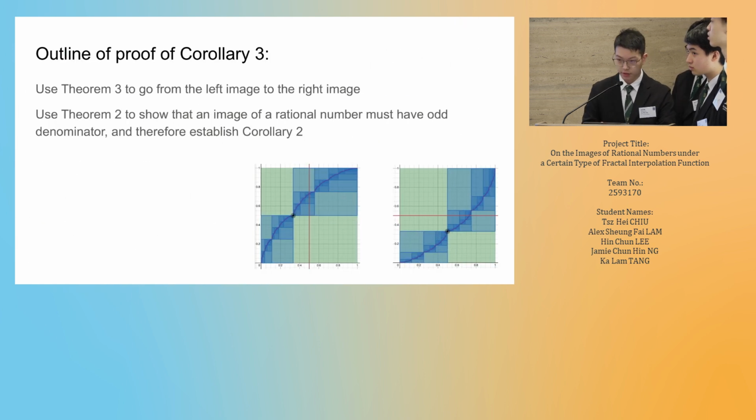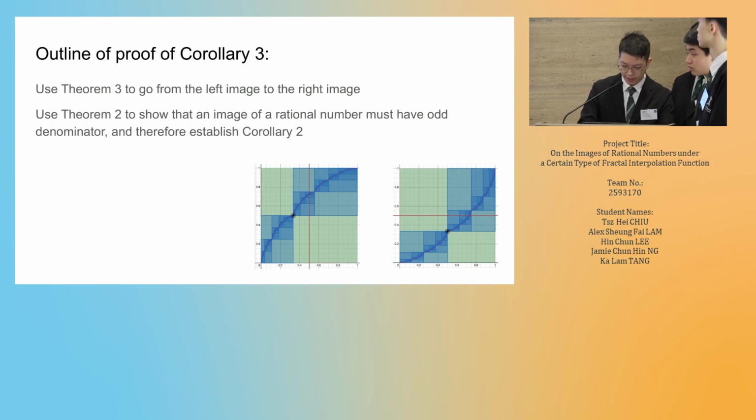So I'm going to outline how you can prove that this doesn't work. So first, we are considering the case when this is not 1/2. So let's consider the image of 1/2 under this function. Now it turns out that by theorem 3, these two are both inverses and they are FIFs.